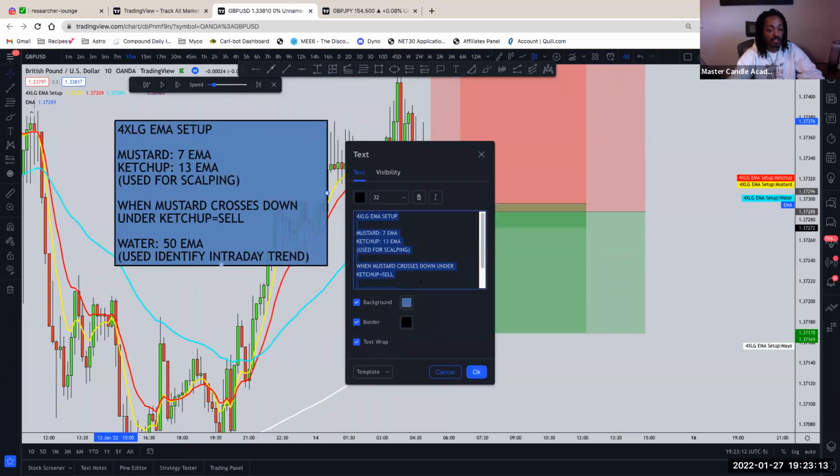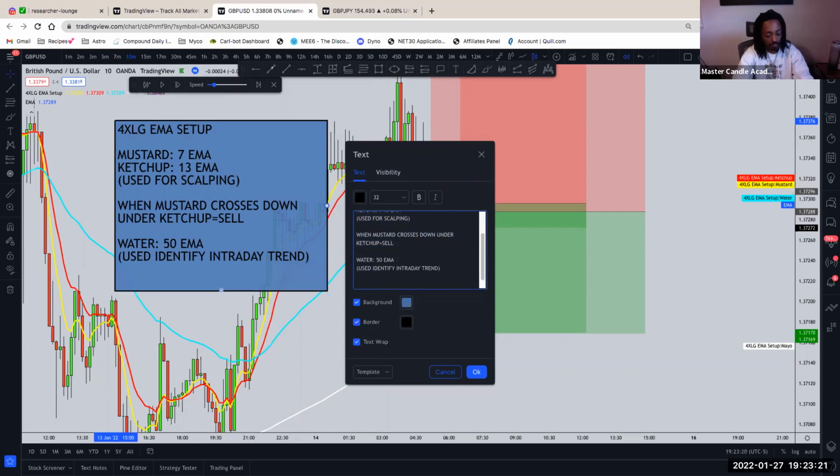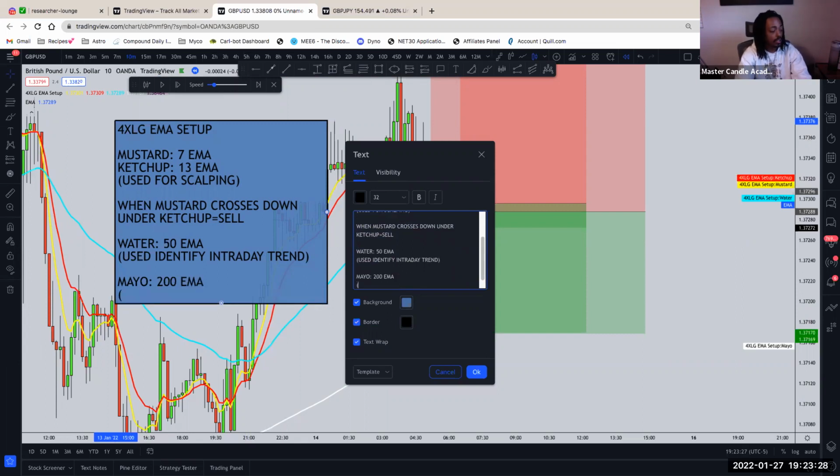So after mustard and ketchup, after water, right, we then have another indicator, which is called mayo. Separate it like that. Now, the cool thing about mayo is it's showing you support of a higher time frame, right?